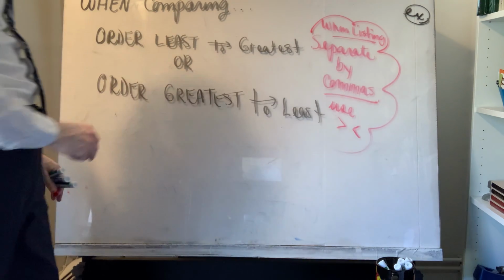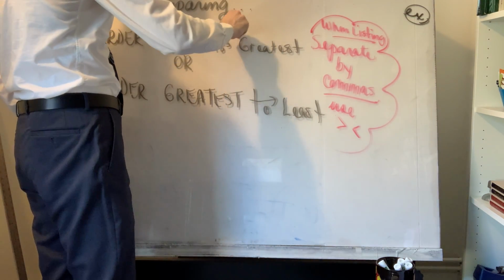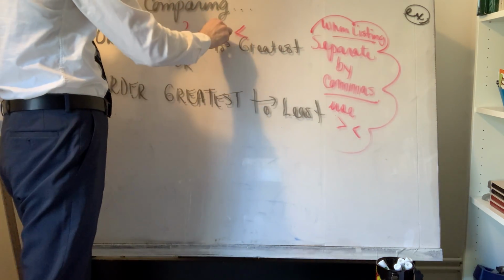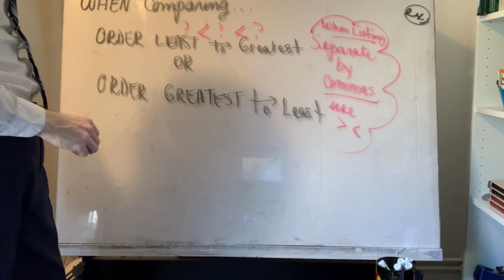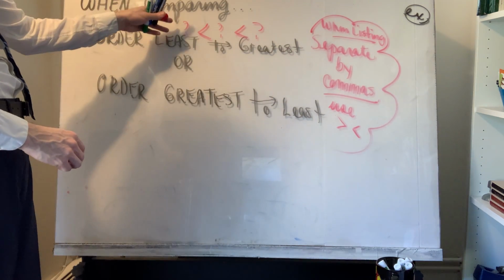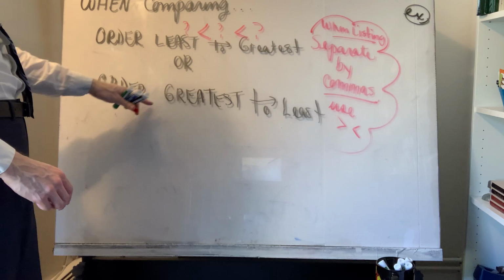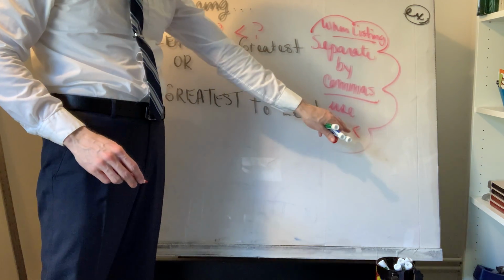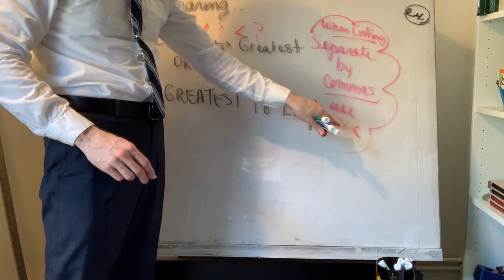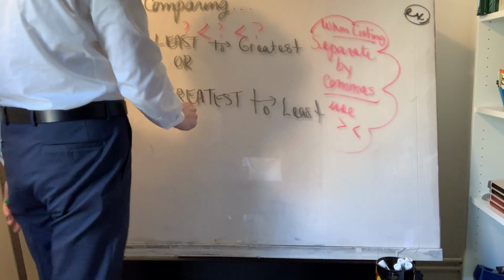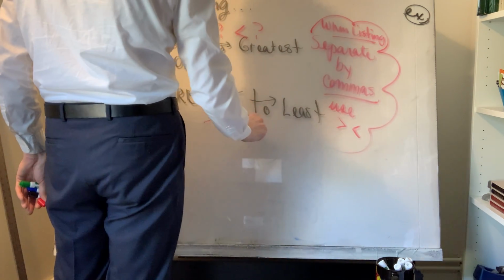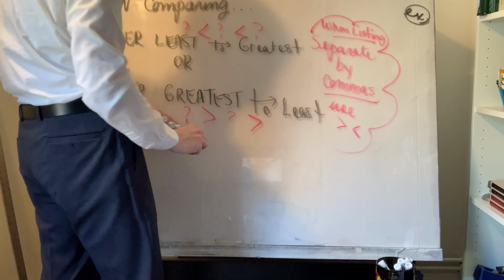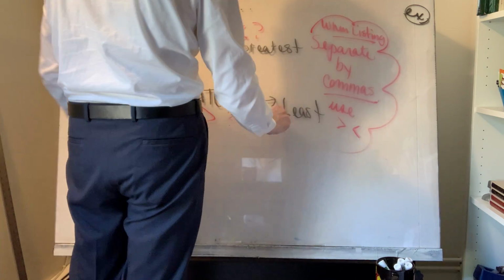Least to greatest would have you orient the symbols this way. Something is less than something is less than something. Right? The smallest thing would be on the very far left. If you choose to arrange things from greatest to least, then you would orient it like this, greater, greater, and so forth. You know, something is greater than something else, which is greater than something else.